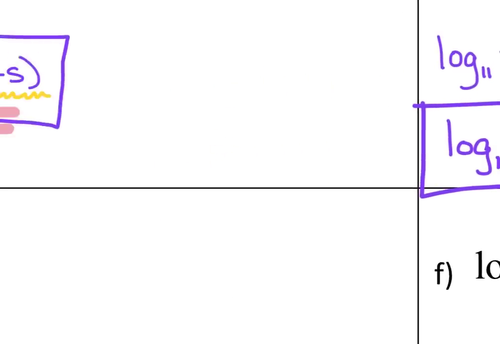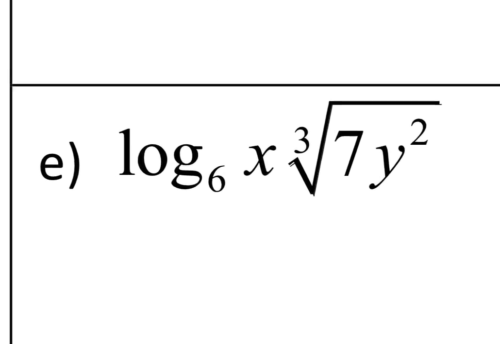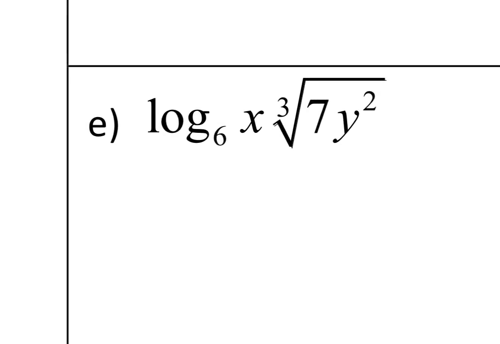Now, in letter E, you want to break it down slowly. I'm going to start by looking at the radical. I'm actually not going to use my log properties right off the bat. What I'm going to do is try to rewrite this as one big multiplication problem. I'm going to rewrite that radical, and only the radical. Notice that the x itself is not affected at all by the radical or the cube root.